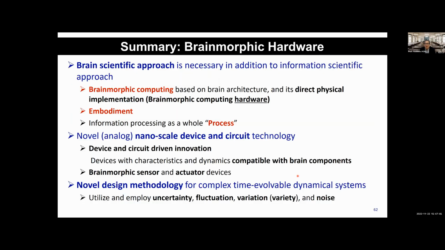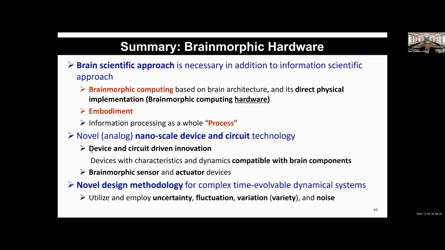Okay, and how about the hardware? To make brainmorphic hardware, we should take a brain scientific approach in addition to the information scientific approach. And we should take embodiment and use a process for the implementation. We need a novel analog or nanoscale device and circuit technology.